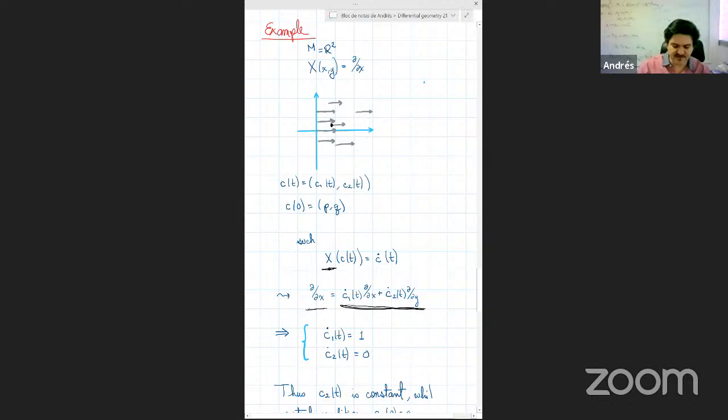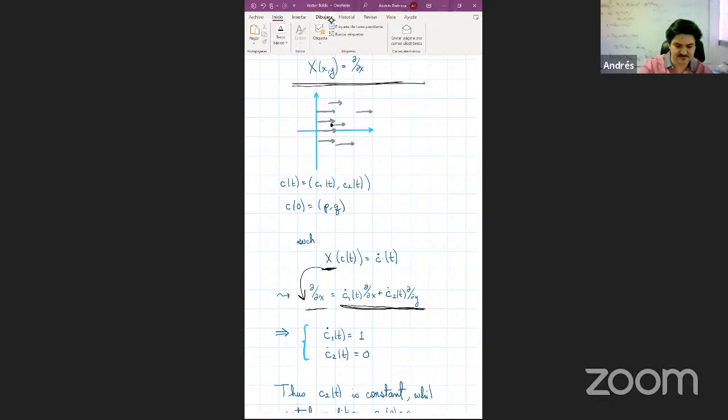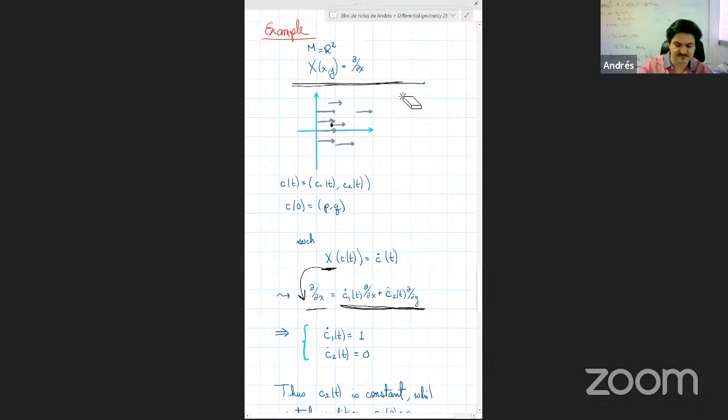The vector field evaluated at this point, here it is. There's the definition. So I'm just rewriting the equations. Okay, and then I just put them together in brackets.